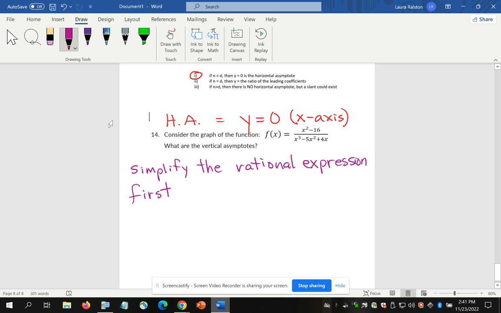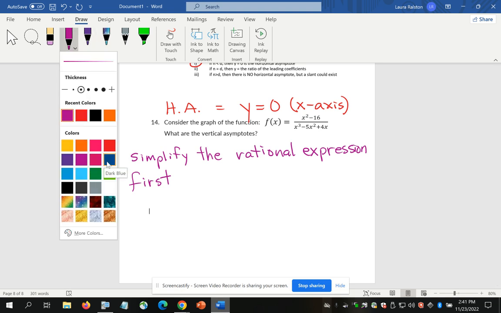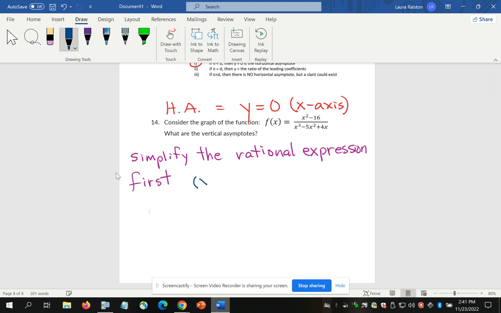Now, to simplify the rational expression, you are likely going to have to factor. So if I factor this problem, in the numerator I would have x plus 4 times x minus 4. That's the difference of two squares.